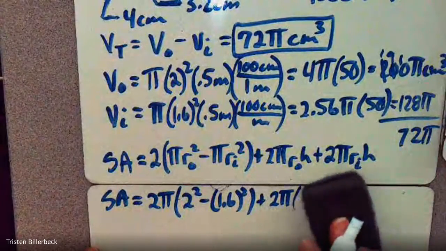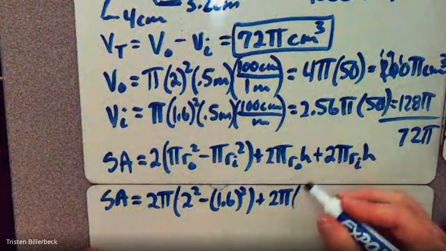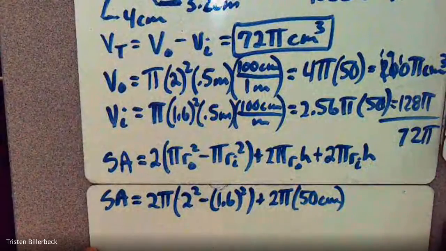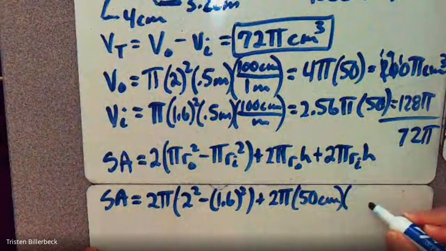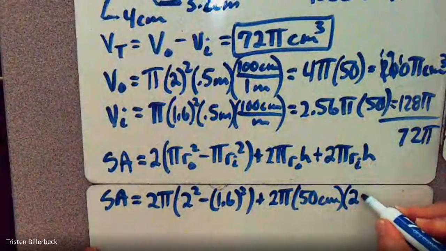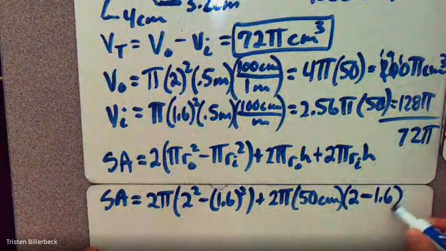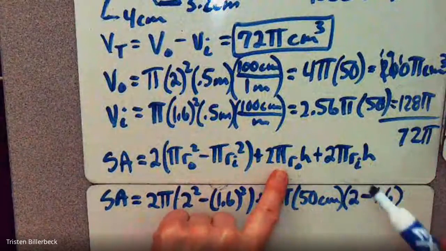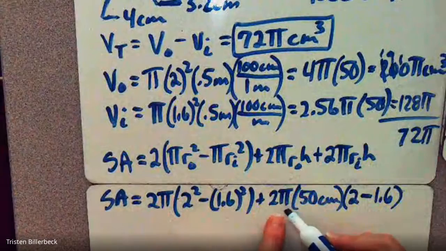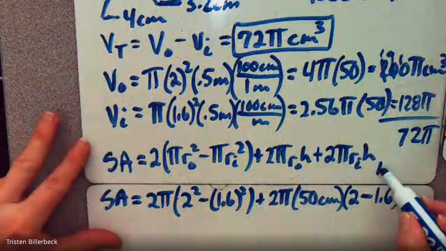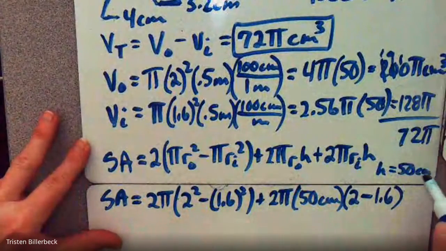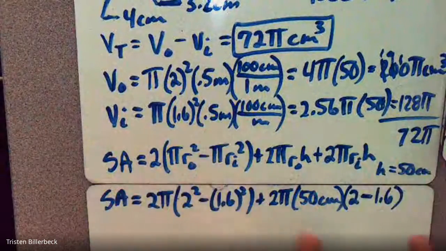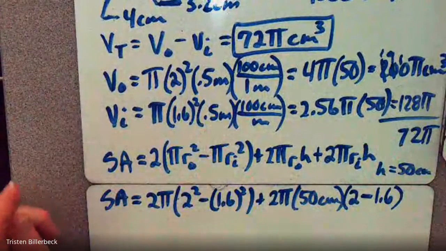We came up with that's going to be just 50 centimeters. 50 centimeters is the height. And now we're just going to do 2 minus 1.6 for these 2 radii. What I did is I took the 2 pi's out, and the h was 50 centimeters because when we were doing this, remember that kept being 50 for the h when we converted it to centimeters.